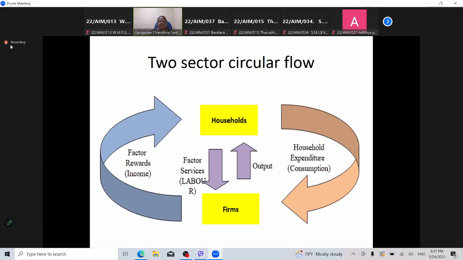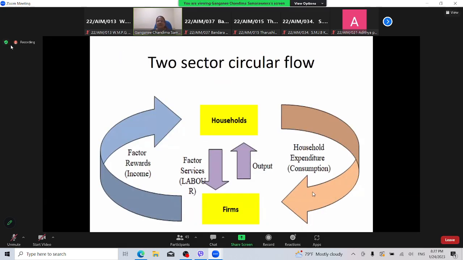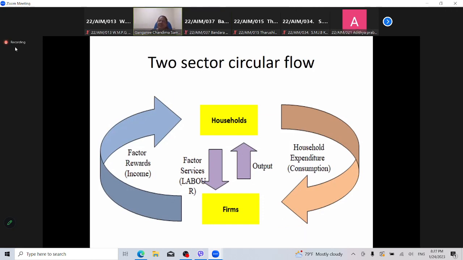What are the main services households can take from the firms as output? Examples? Which type of services normally? Electricity. Sorry? Electricity. Very good. Your education is also a service.